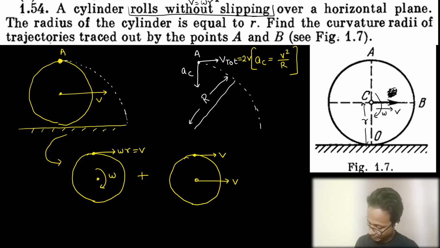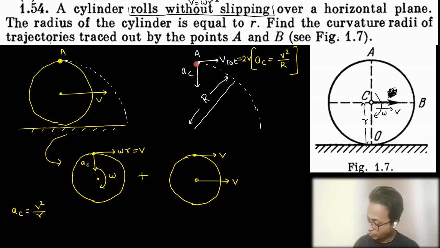Now what is the total acceleration that is perpendicular to the total velocity? Let's check all the acceleration out here. Is there any acceleration along this component? No. Is there any acceleration along this component? Yes. The acceleration along this component is a_c, equal to v square by small r, where r is the radius of this wheel. Now my question is, what is the total acceleration perpendicular to the total velocity?